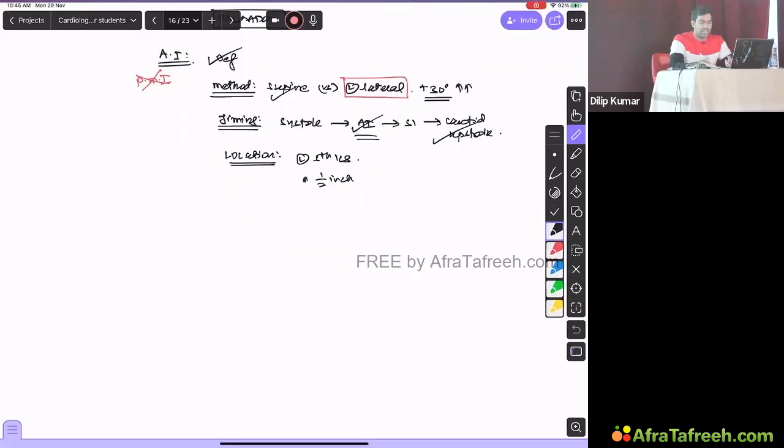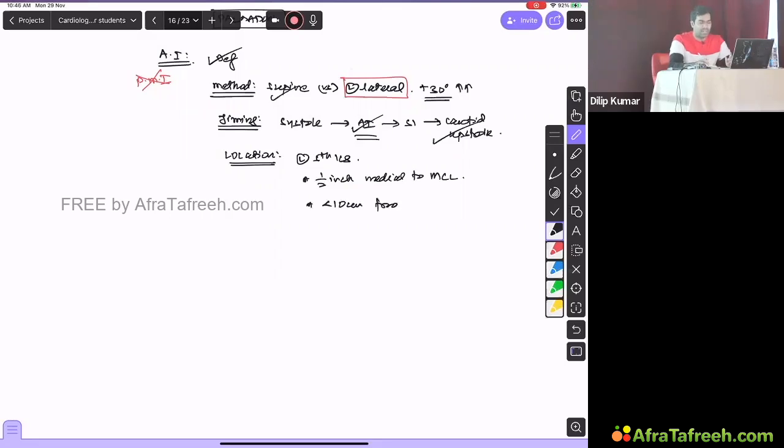It should be half an inch medial to the mid-clavicular line. Or alternatively, it should be palpable within 10 centimeters from the mid-sternal line, in the left fifth intercostal space only.